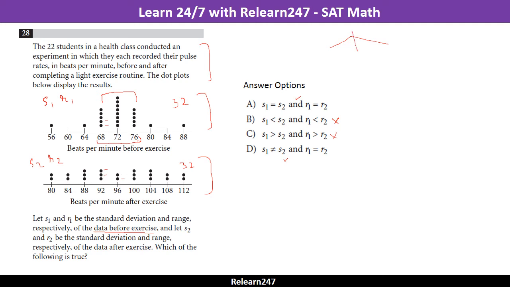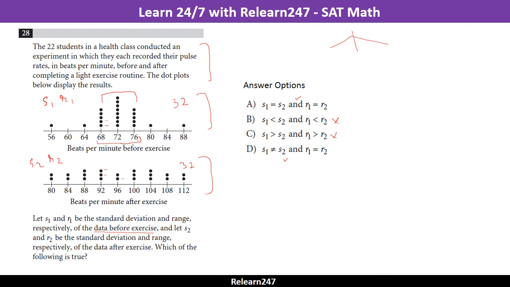So the standard deviation in this case would be very low. But if we look at the second, we can see that the standard deviation would be very large, because all of the children have varying heartbeats from 80 to 112. So for two students, three students. So directly from the graph, we can say that this standard deviation would be high and the standard deviation for this would be low.